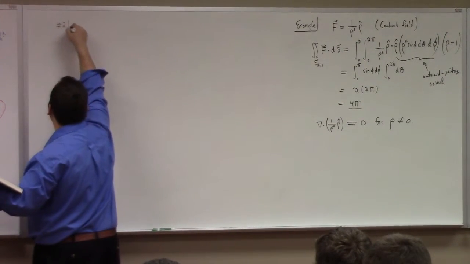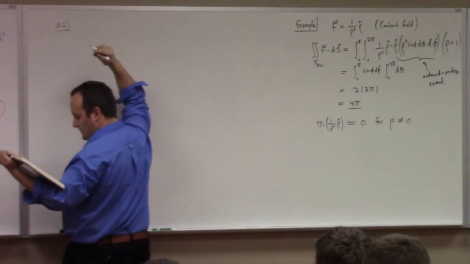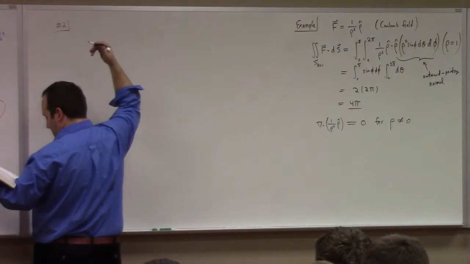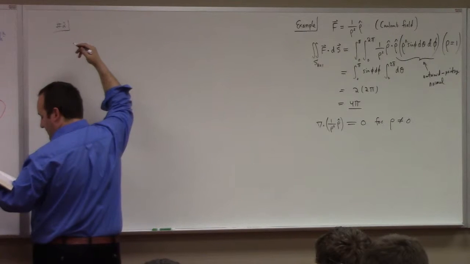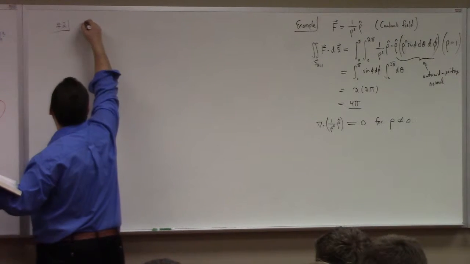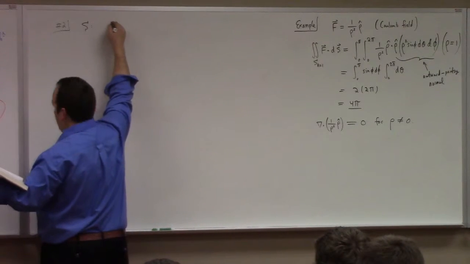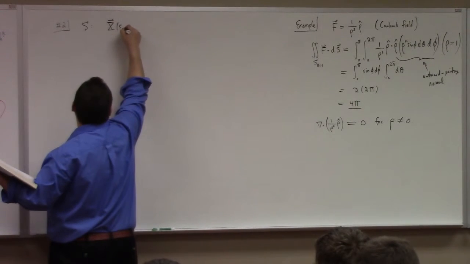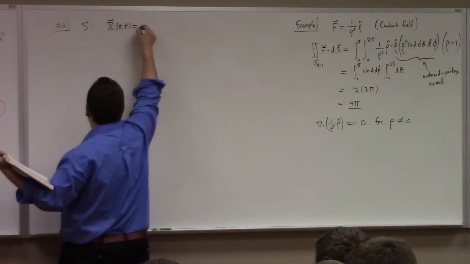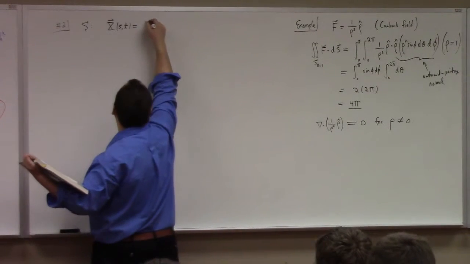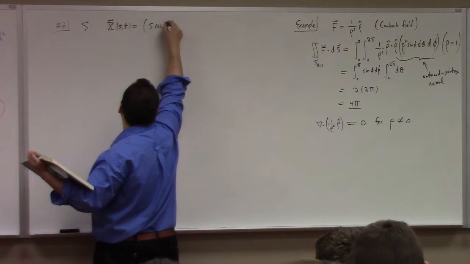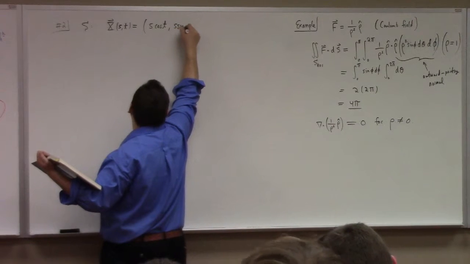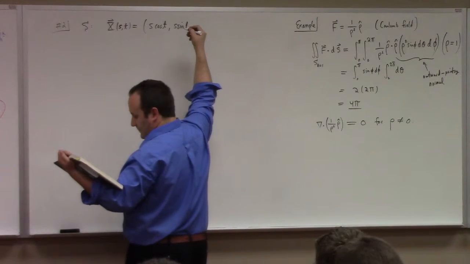Number 2. This is Colley's vector calculus. It doesn't really matter. It's first edition. You probably can get it for $1. Anyway, so we've got a surface, and it is parametrized by x of s, t equal to s cosine t, s sine t, and t.